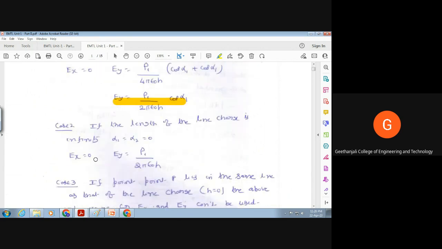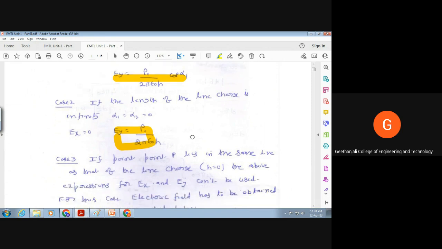That means Ex is equal to 0, and Ey is equal to rho L by 4 pi epsilon naught h, cos 0 plus cos 0, that means 2. So it is rho L by 4 pi epsilon naught h into 2. So this is the expression rho L by 2 pi epsilon naught h. So for an infinite length line charge, you have only the y component of electric field. There is no x component.